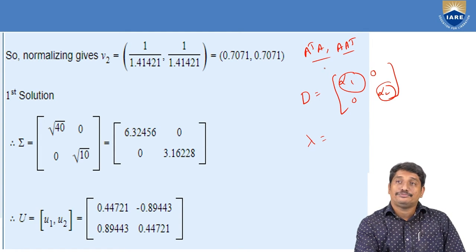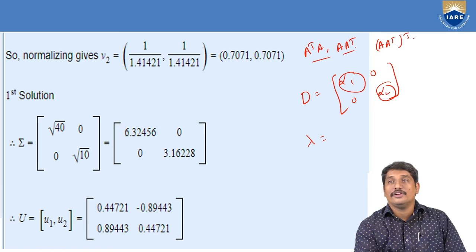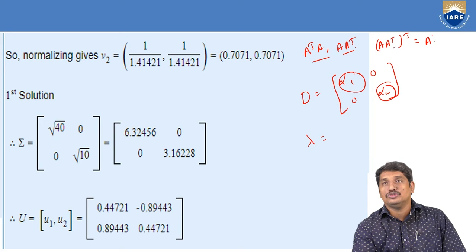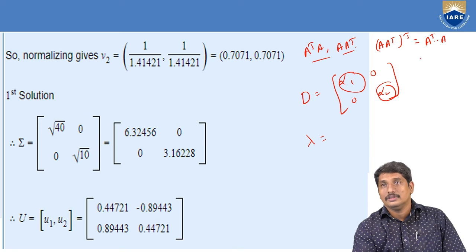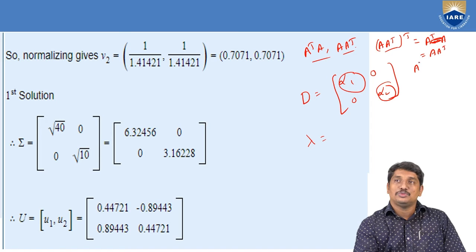Why will the eigenvalues be the same? Because A into A transpose whole transpose is A into A transpose, and A transpose into A whole transpose is A transpose into A, and hence both are symmetric.